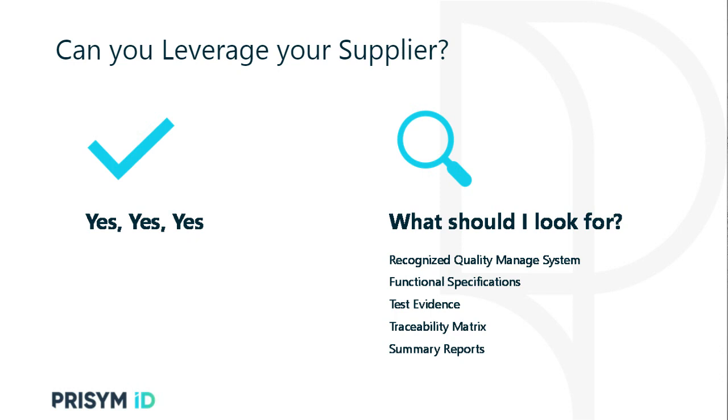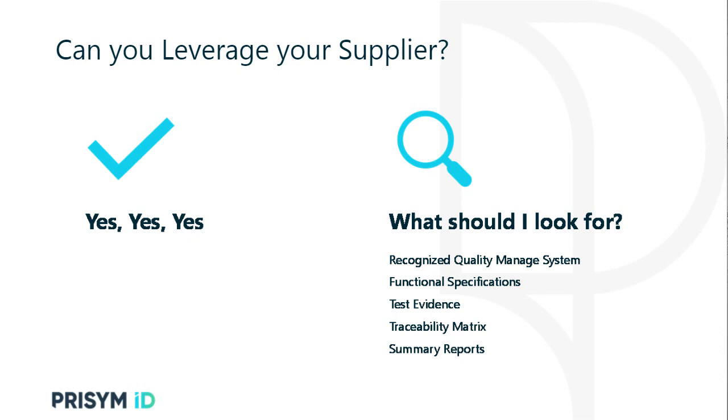Can your supplier support your document needs? As I say, if it's not documented, it's a rumour, and it's no good saying at an audit, well, I think it works this way, and I believe I have proof. You have to show it. So you should expect to see the following: functional specifications, what the system does, testing evidence with objective evidence.